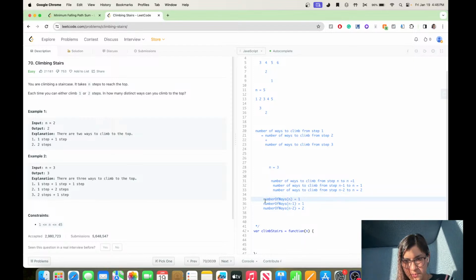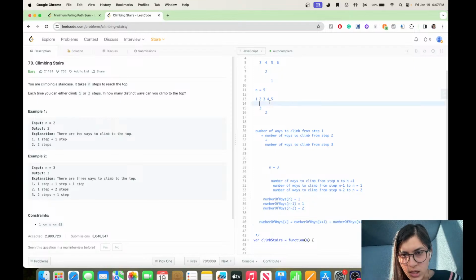And there will be a formula, x will be equal to x plus 1 and x plus 2, right?